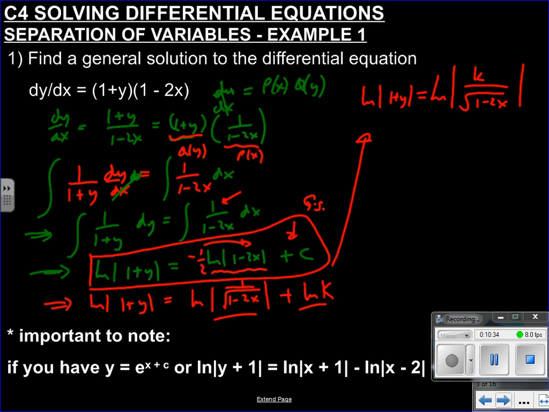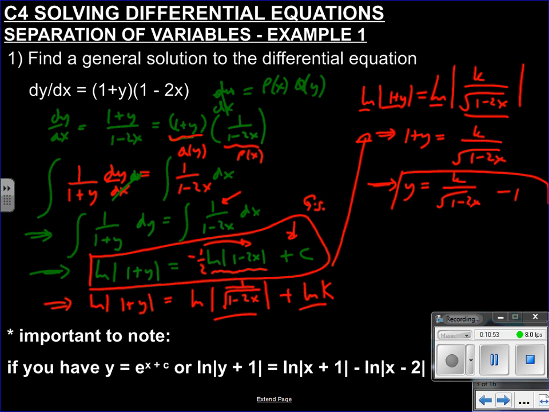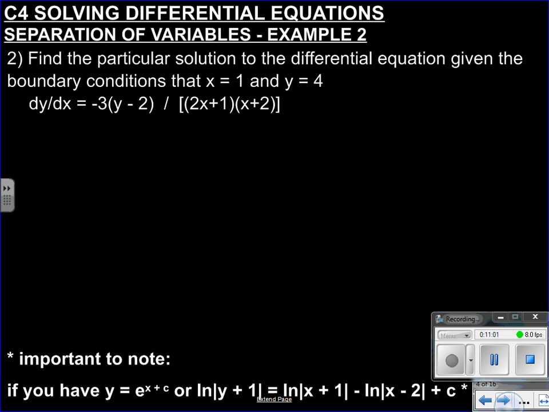And therefore, what's inside there must be the same as what's inside there. So 1 plus y must be what's inside there. And now I can get y by itself. So y must be k over the square root of 1 minus 2x, minus 1. And this is our general solution, because I haven't got a point to find a specific solution, or a particular solution.